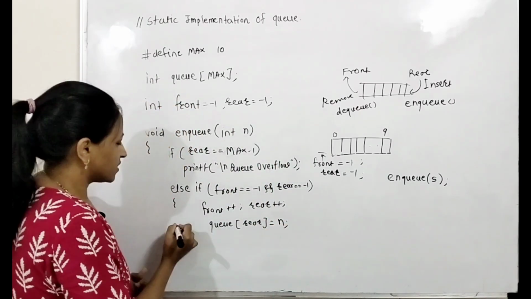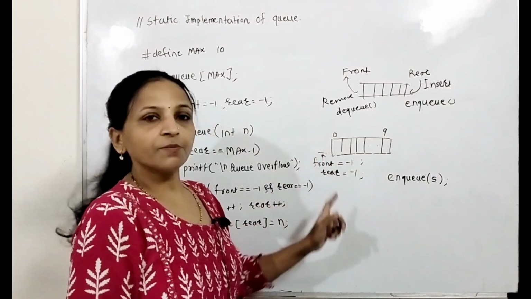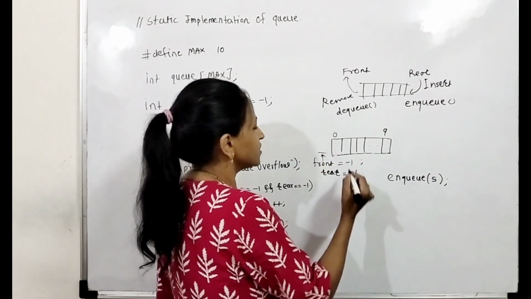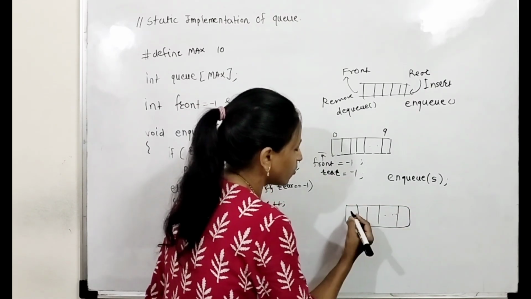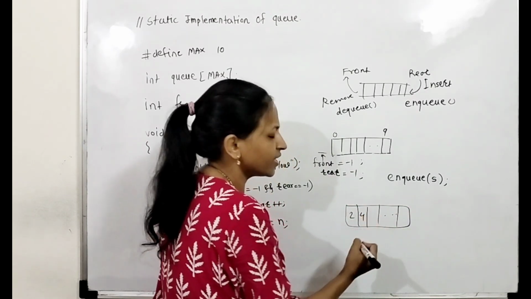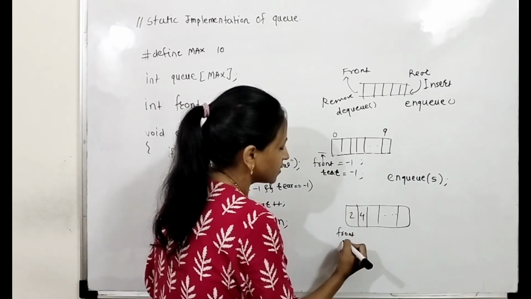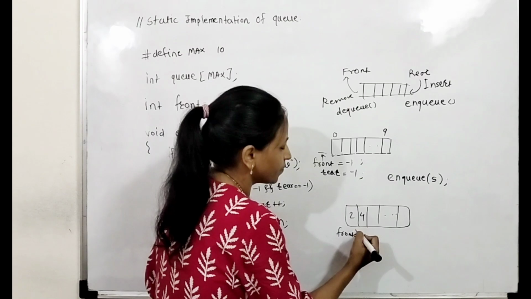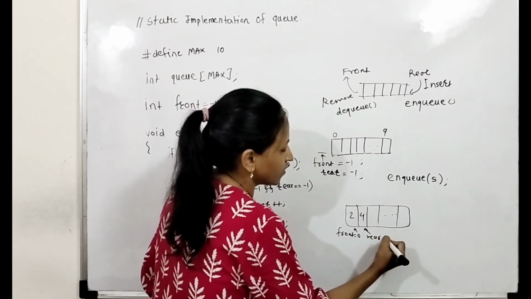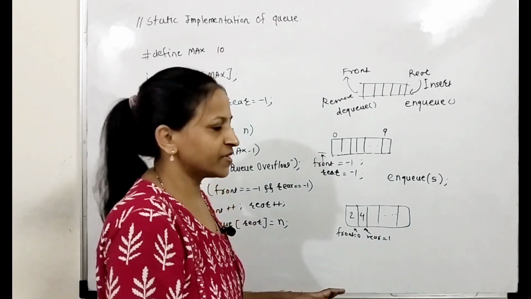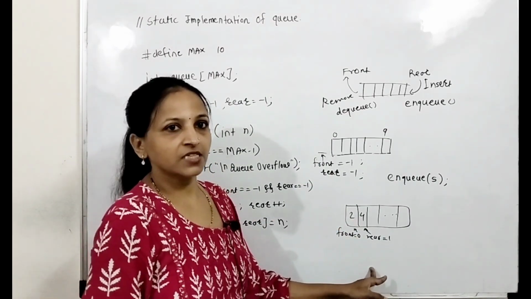Now next, else. Suppose there are some elements in this Q. Suppose this is the Q, and currently here are 2, here 4, anything. In that case front is 0 and rear is 1. Suppose there is only one element, then front is 0 as well as rear is 0.